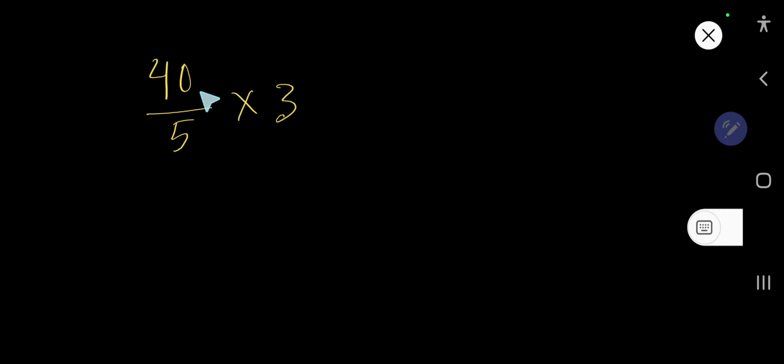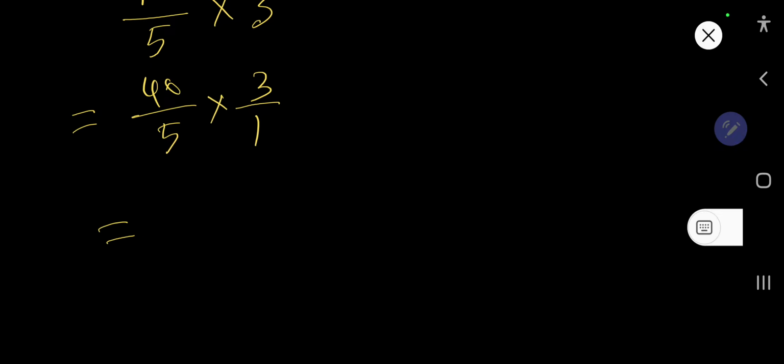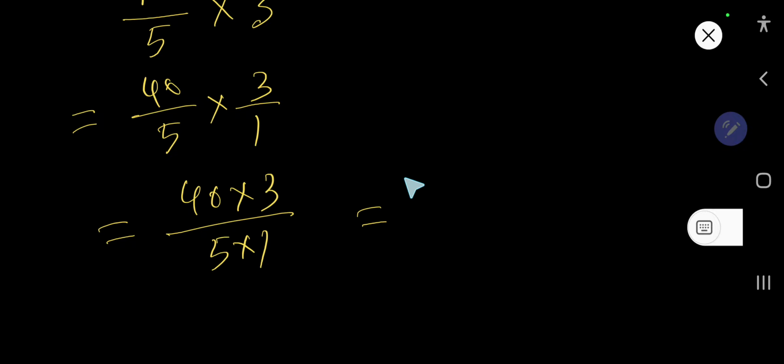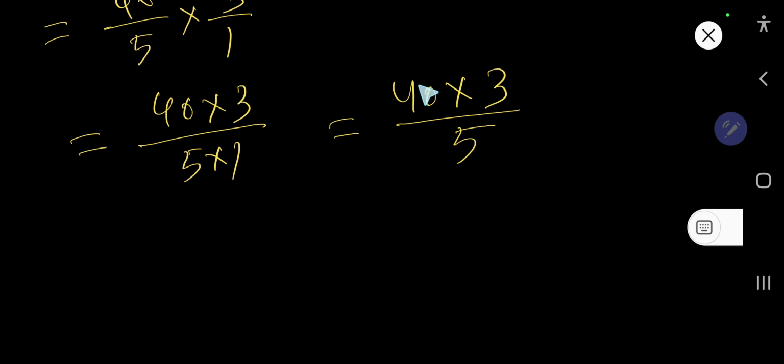Now look, how to multiply this fraction by this whole number. The process is, you have to express this whole number as a fraction, then you need to multiply top to top and bottom to bottom. So we are getting here, look, 40 times 3 by 5. So you can reduce this, right?